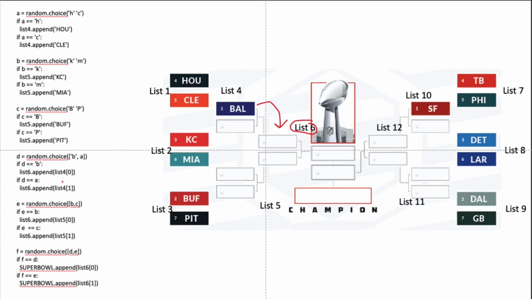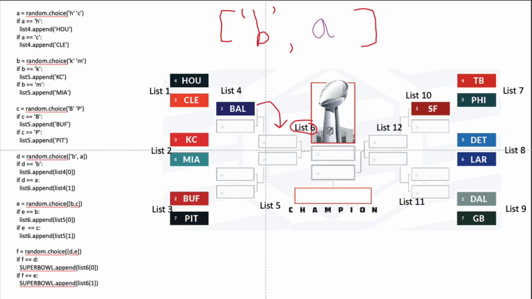Well, pretty much what I mean is if you have a list, say, here is my list, and over here the Ravens are already in this list. And then you're going to have whoever wins in list 1.